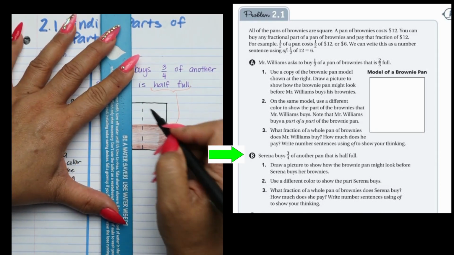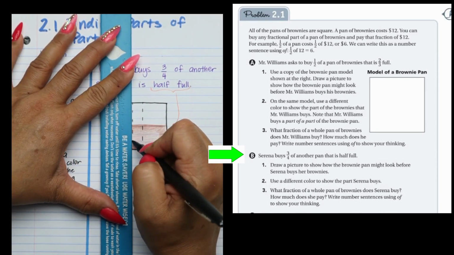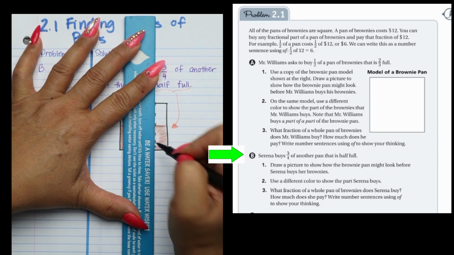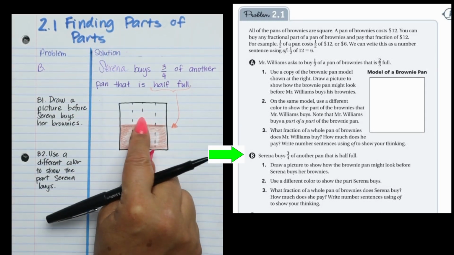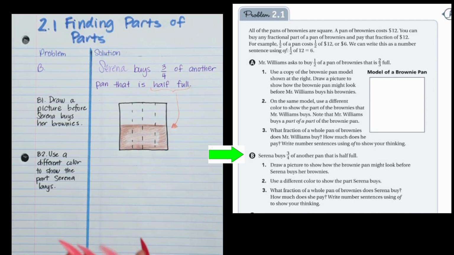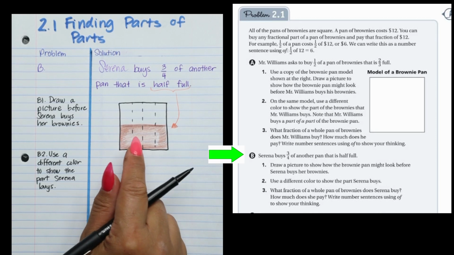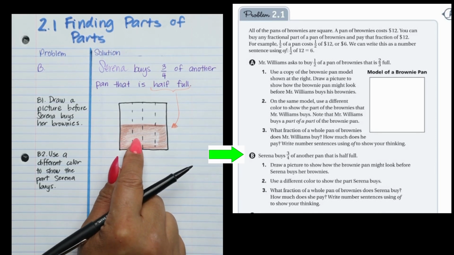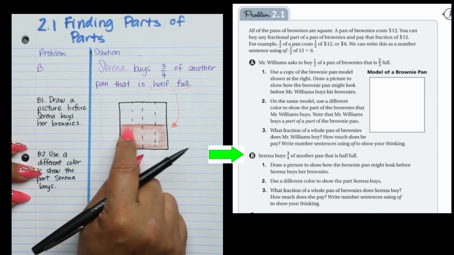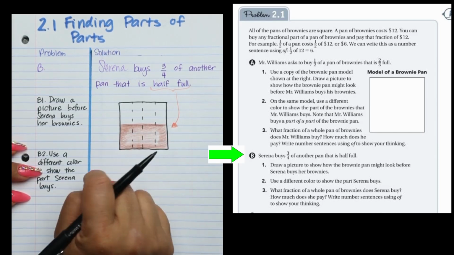So that's half. And here's 1/4. Now, I'm also sectioning what wasn't purchased because remember we have to find the whole. So I want to make sure I just draw those lines anyway since I'm already there. If Serena wants to buy 3/4 of half, she wants to buy 1, 2, 3 of the 4.